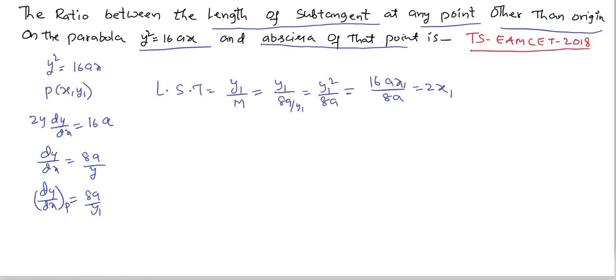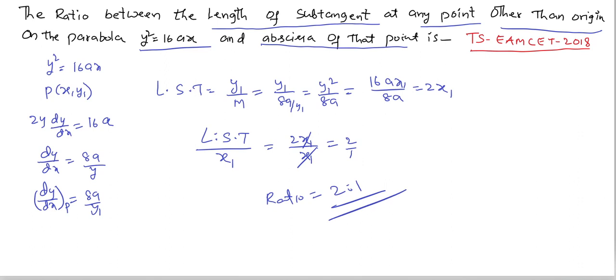So here is asking the ratio between the length of the subtangent and abscissa of that point. Abscissa of that point is x1. So LST by x1 is 2x1 by x1, x1 cancelled, that is equal to 2 by 1. Therefore ratio is equal to 2:1.